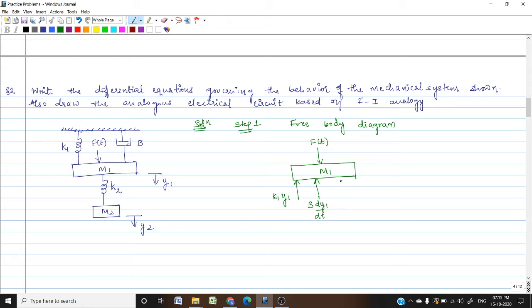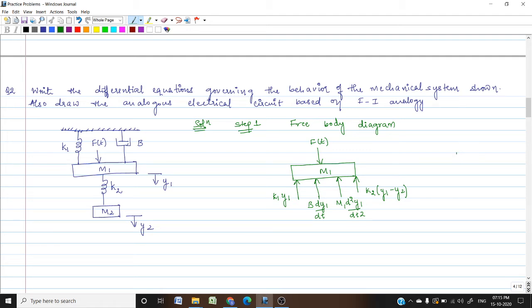Then we have, with respect to mass, that force is taken as m1 d square y1 by dt square. There is another force which is acting on this, that is with respect to K2. With respect to K2 we write it as y1 minus y2. This is all the forces acting on mass m1.